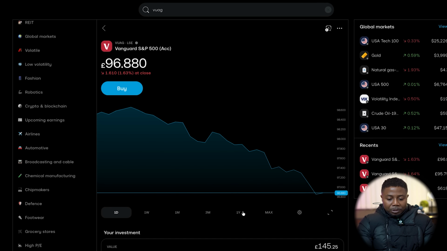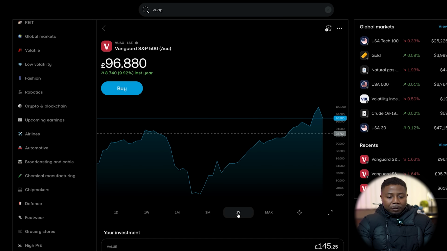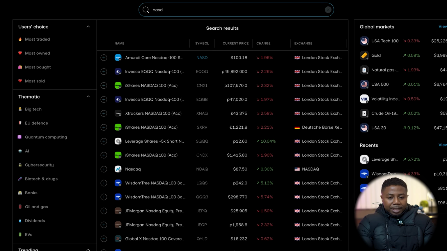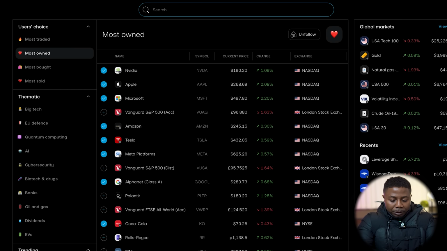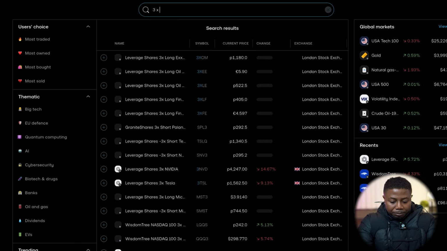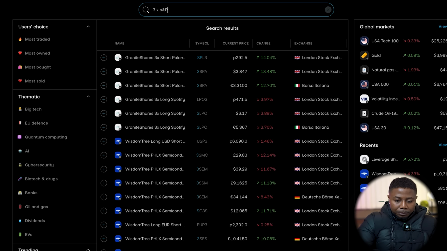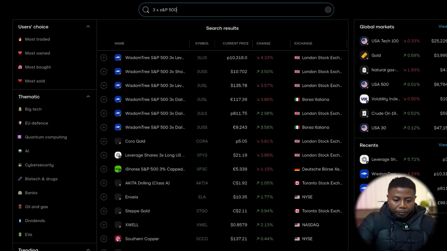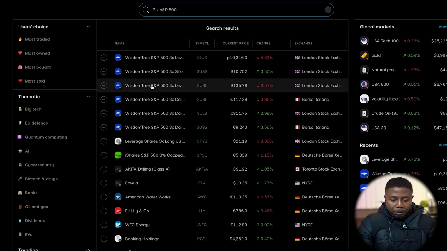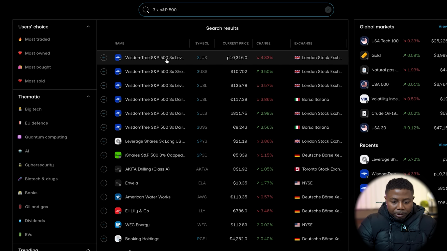So if we look on the 1-year chart for the S&P 500 ETF VUAG, and then you compare that with the leveraged version. So if we go by 3 times S&P 500, let's use the pound sterling one.